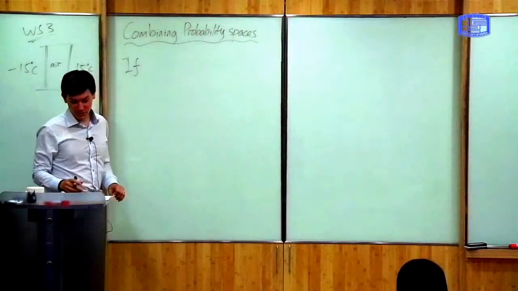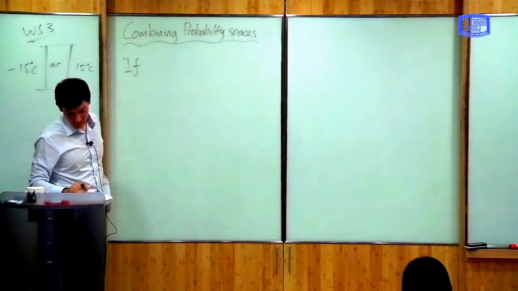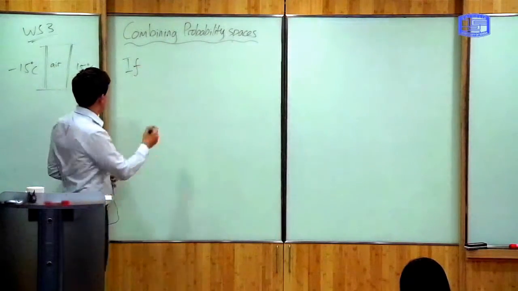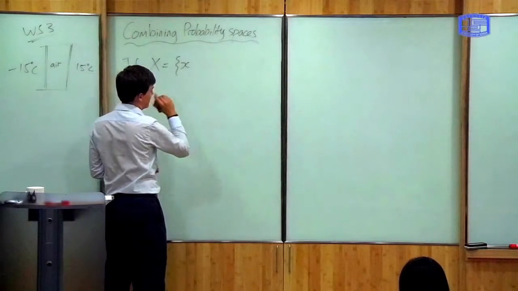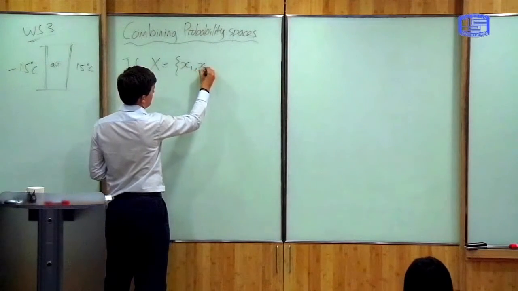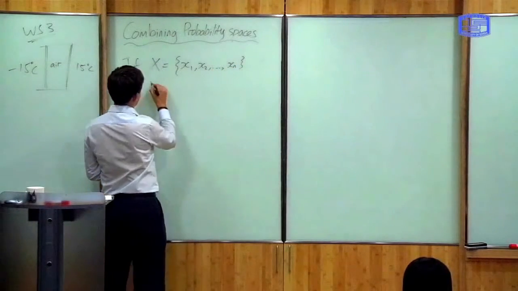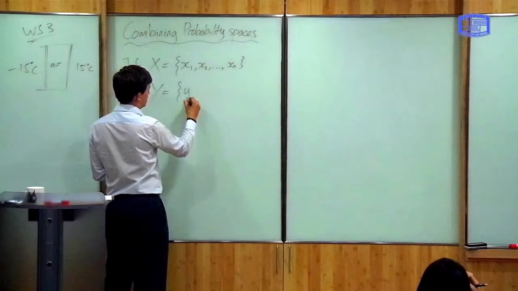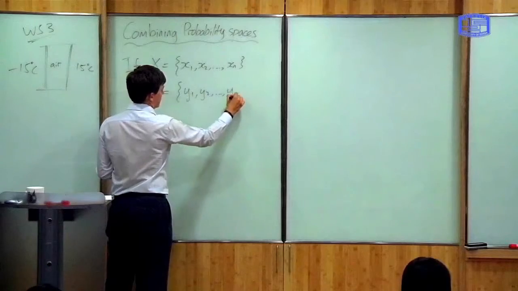So suppose we've got two sets. Just to keep it simple, I'm going to suppose they're finite, but there's no reason they need to be. So suppose this is one set of events, and this is another set of events, like M, let's say.